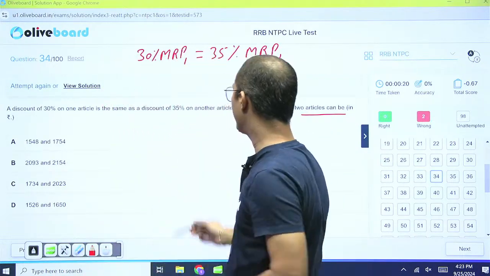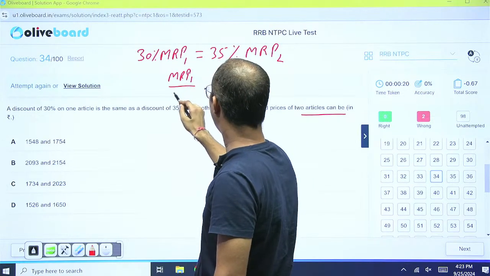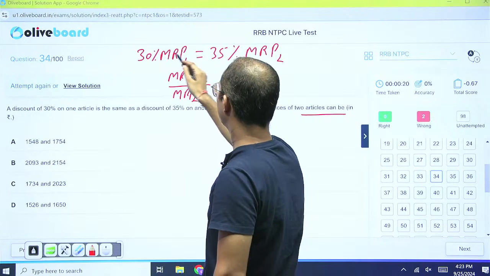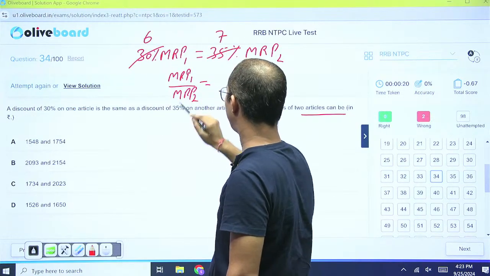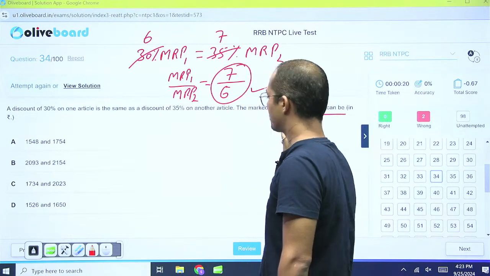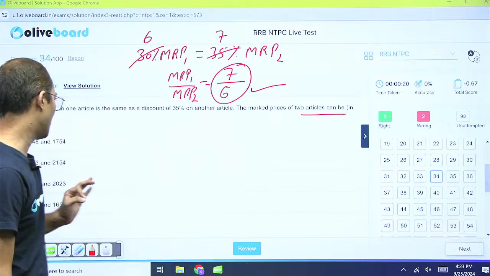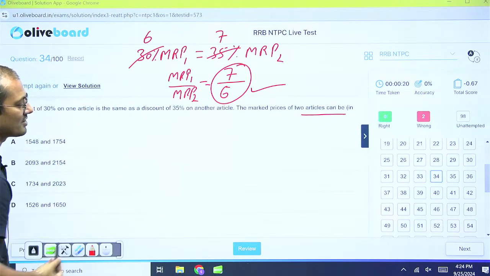So here we can get the ratio of MRP1 and MRP2, right? By cancelling 5%, this would be 6 times and this would be 7 times. So the ratio would be 7:6, right? Now we have to check which option is providing the ratio 7:6.